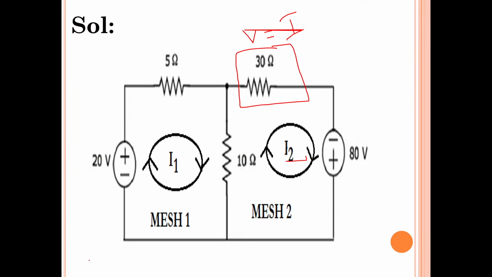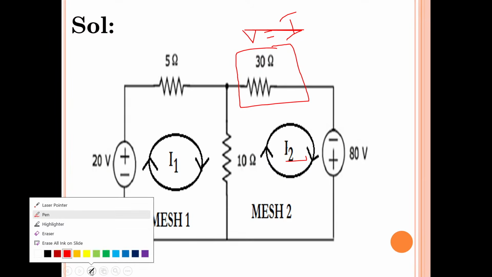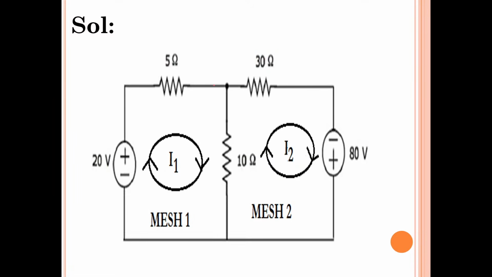I will just erase it. So voltage across the 30 ohms resistor is I2 into 30.